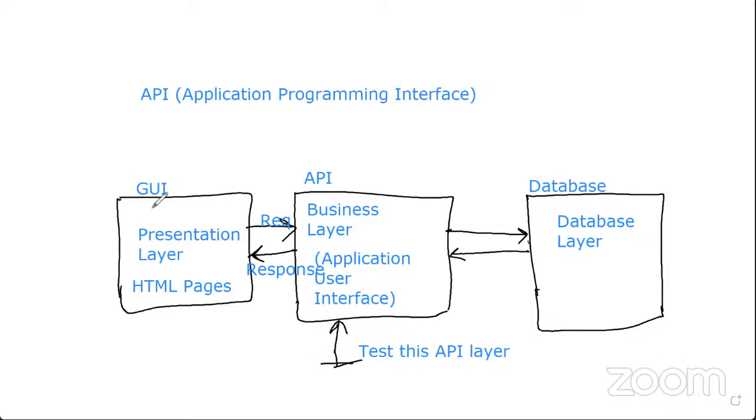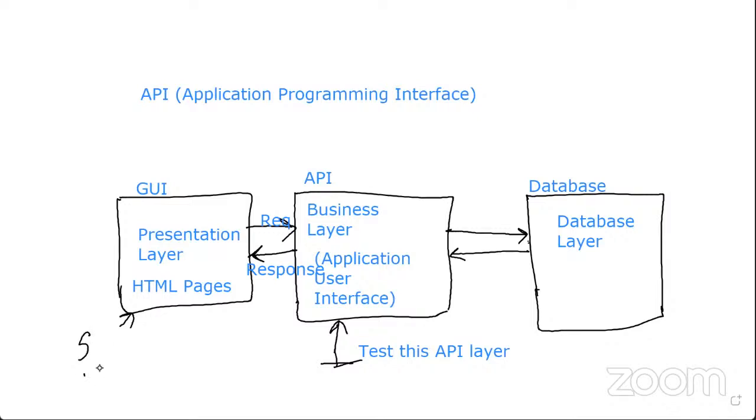You will not test the UI. From the UI, what were we testing? From the UI, we were testing that buttons are displayed and the user is able to click on that button. So we used Selenium for automation and manual testing, right? Selenium and manual testing we have discussed.